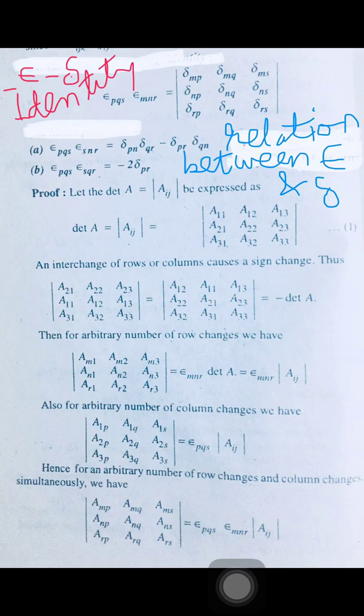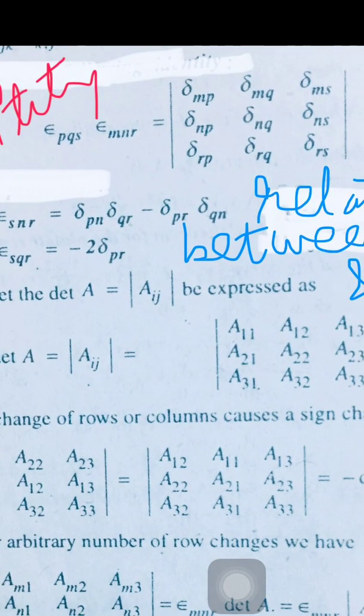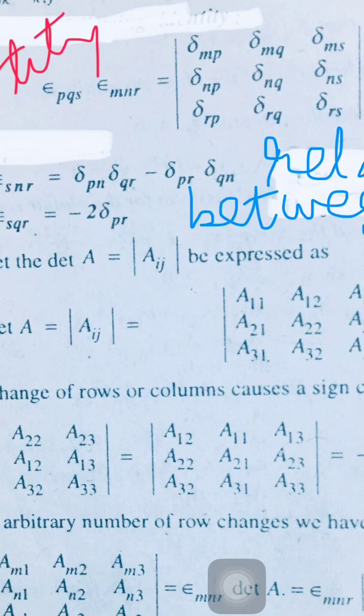Any kind of relation between epsilon and delta can also be deduced from the Epsilon-Delta identity. Here we are taking some cases. This is the Epsilon-Delta identity written in that form.